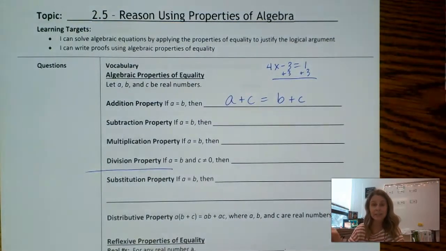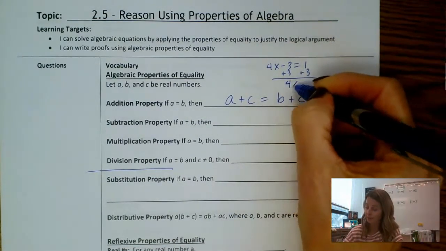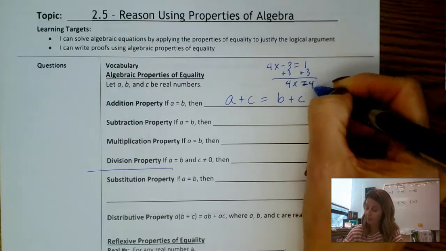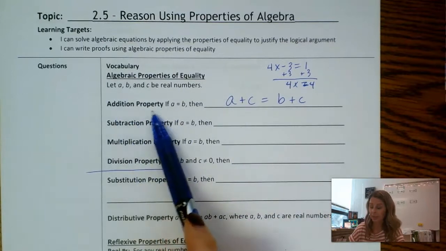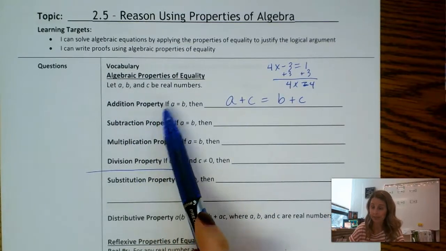So that in essence is like my C. So then I would have 4x equals 4 and so forth. So by adding the same item to both sides, you have performed the addition property of equality.